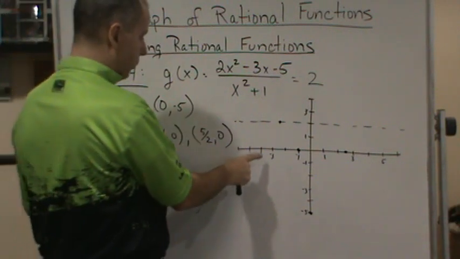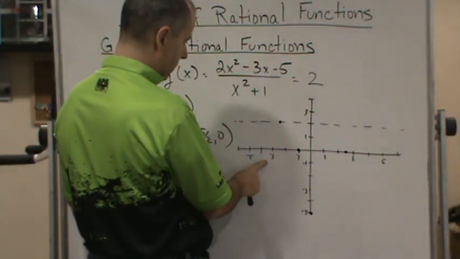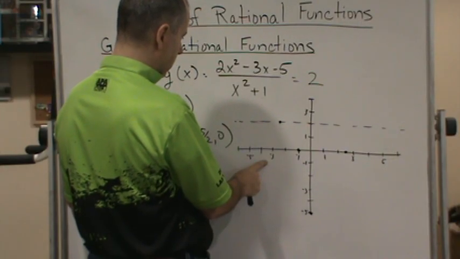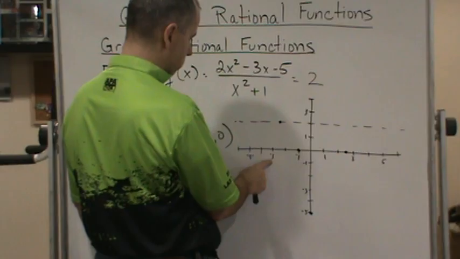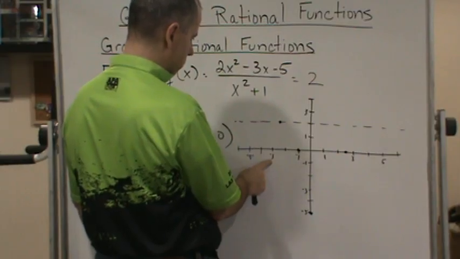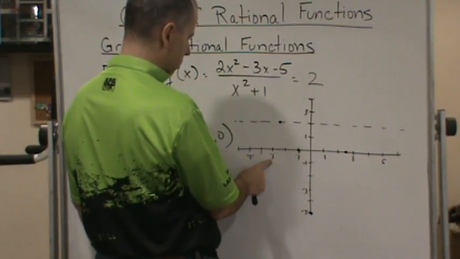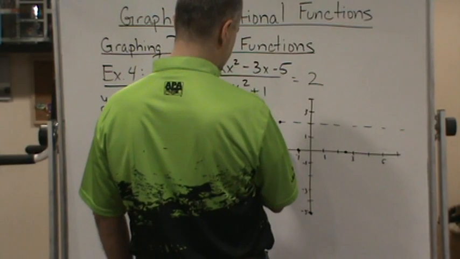So at -3, it's going up to 2.2. Right, so it's going up.